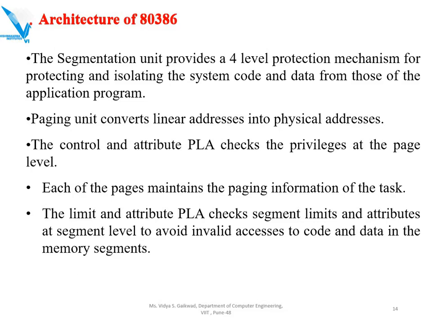Paging unit converts this linear address into physical address. The control and attribute PLA checks the privileges at the page level. So each of the pages maintains the paging information of the task. The limit and attribute PLA checks segment limits and attributes at segment level to avoid invalid access to code and data in the memory segments.